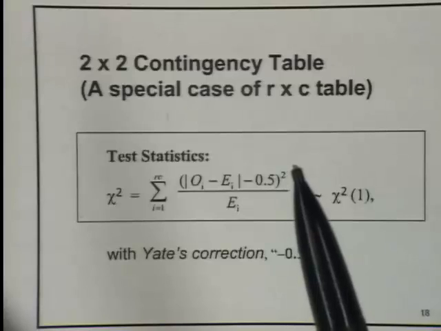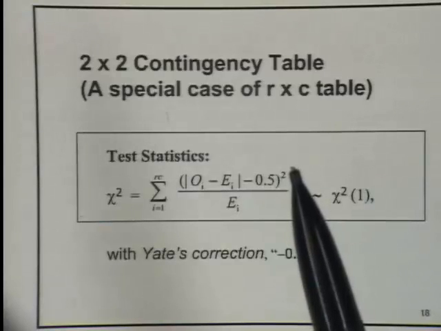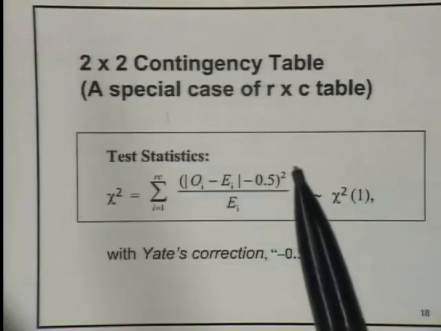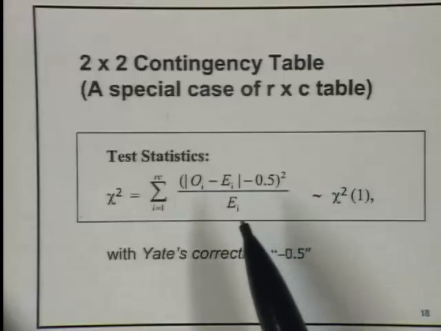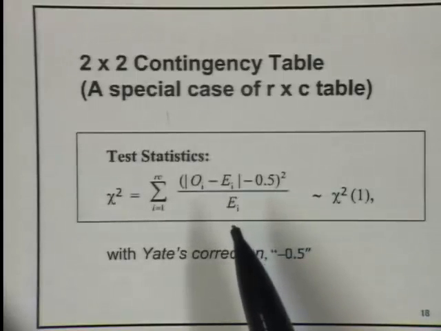Sometimes, approximating a discrete distribution using a continuous distribution, people believe that may not be as good, so they try to do a little adjustment to it. That's the reason. Usually the outcome is about the same, so you don't really have to worry about it.